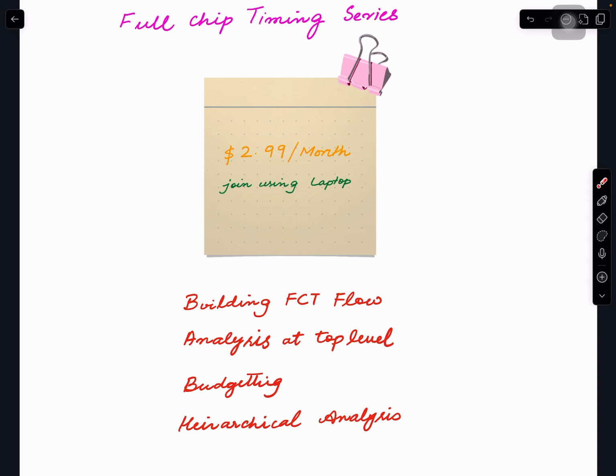So the very first focus is, okay, how we are building the full chip timing flow gradually. And my focus is on the concepts and the methodologies, the theory behind, so that if you understand that, then whatever tools you are using in your college or at the job, you can understand the flow and methodologies behind, the key concepts behind.